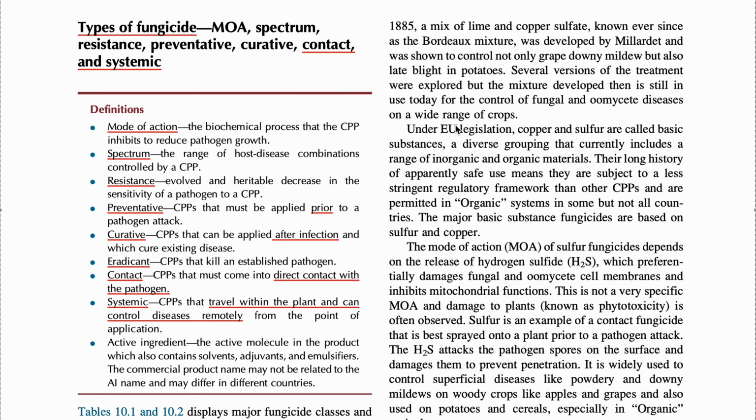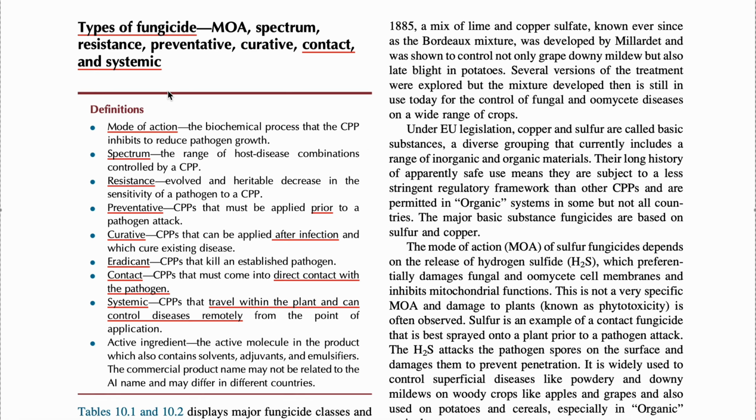They don't have a single site. So if the disease is in the leaf or stem or somewhere else, they have to come to it directly to be effective. But systemic fungicides have a single site of action. Why? Because they only target a specific site.